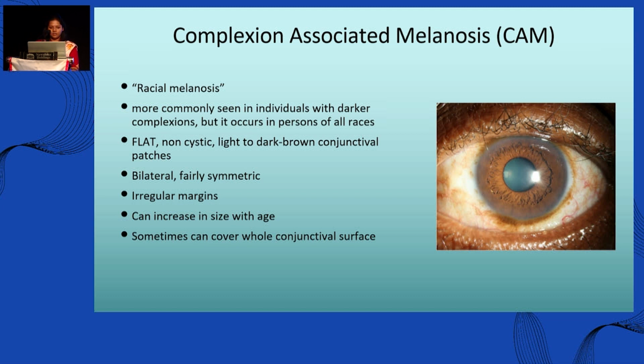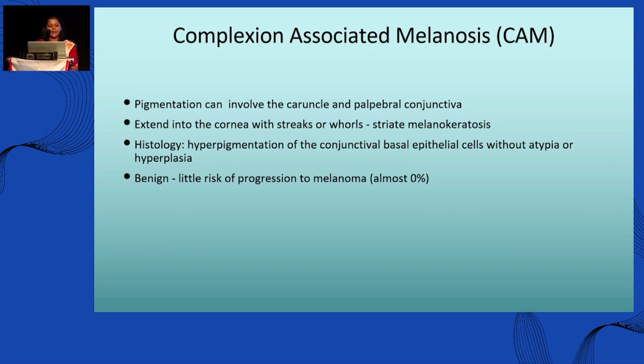And they have irregular margins. They can increase in size with age, and sometimes they can cover the whole conjunctival surface. So the picture, I think all of our patients are having this kind of lesions. So pigmentation can involve the caruncle and palpebral conjunctiva as well, and it can extend into the cornea also as streaks or whorl-like pattern, which is called the striate melanokeratosis.